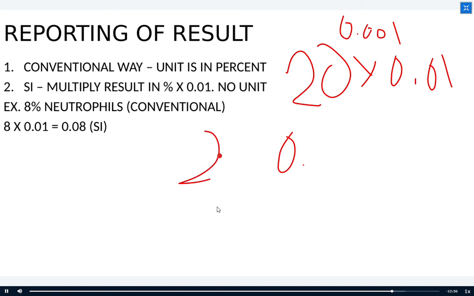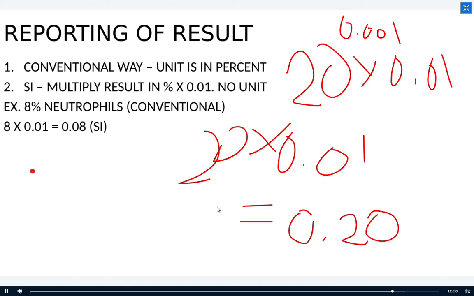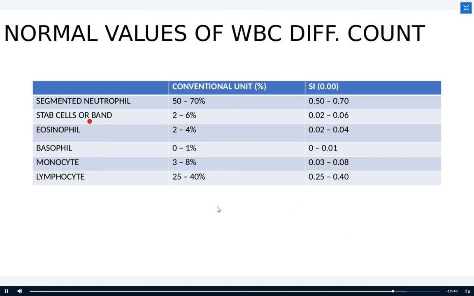So 20 times 0.01, you get 0.20. And the final WBC count nyo dapat class is 100 WBCs lang. And this is your normal values of your differential count. So kindly memorize them. They will come out in your quiz next Friday.